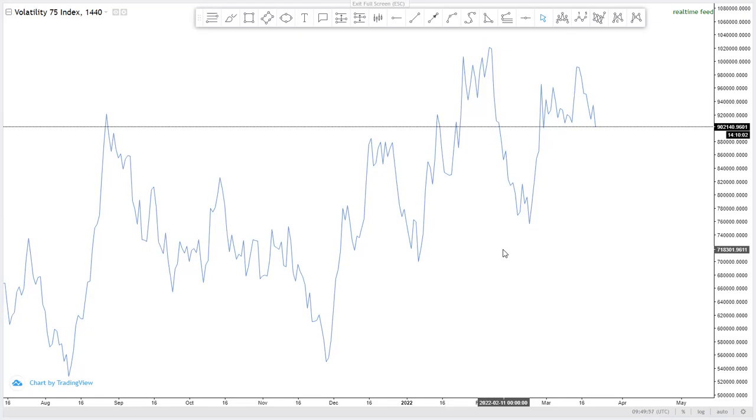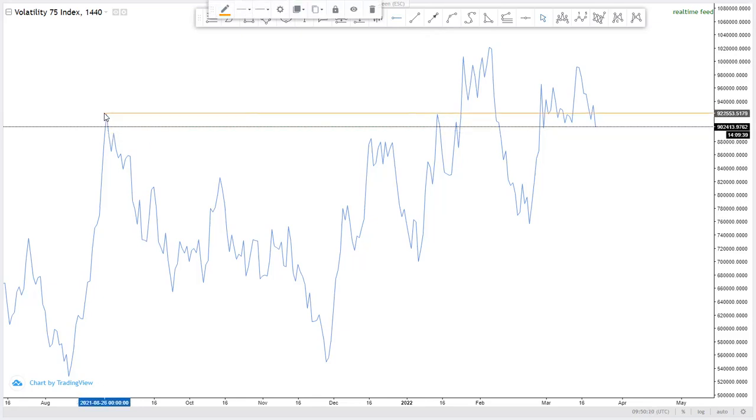So as you can see, I'm on the daily time frame on volatility 75 index, and I'm having my line chart. So the first thing, obviously, is for me to identify my key levels of support and resistance.